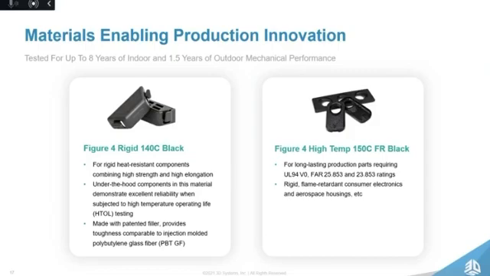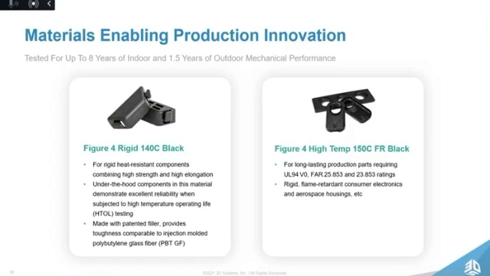Under the hood, components produced with this material have performed really well and reliably under HTOL, or high temperature operating life testing, and it's currently tested to the equivalent of 8 years indoor and 1.5 years in outdoor environments per ASTM automotive testing standards. And those figures are quoted on our data sheets.